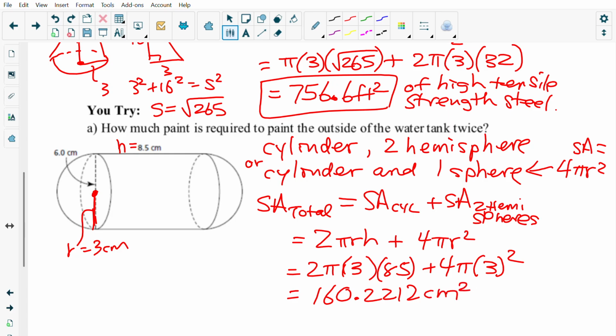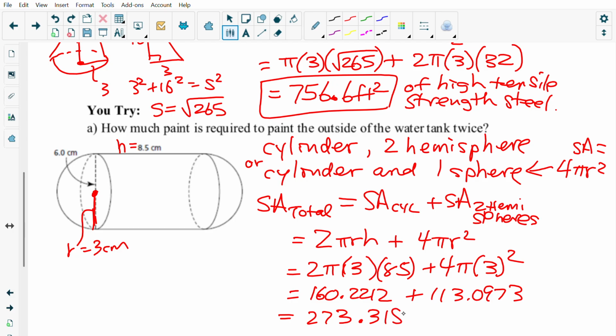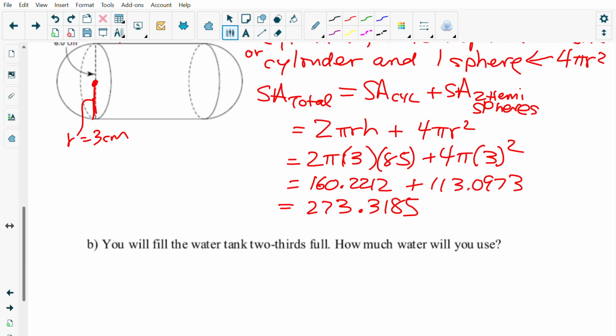Add all that up, or multiply and add: 160.2212 square centimeters. Sorry, my apologies. 160.2212 plus, and then the hemispheres are 113.0973. The total surface area is 273.3185.